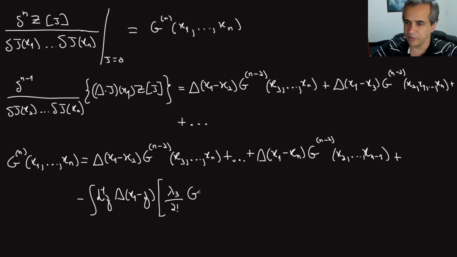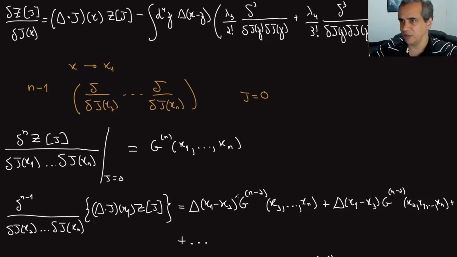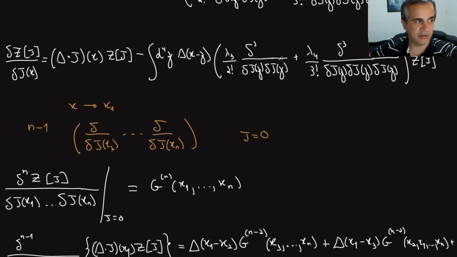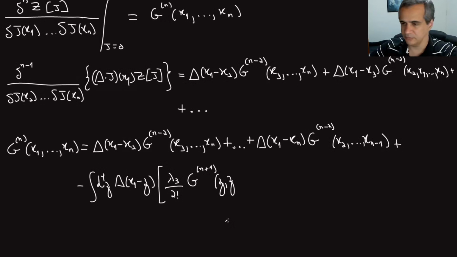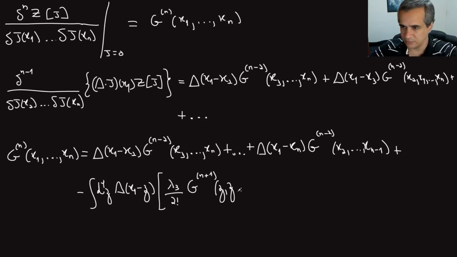And I have a green function of n plus 1 points. Which points? Twice a function of z, because I had 2 derivatives in j of z here, and then a function of all these guys, x2 through xn.